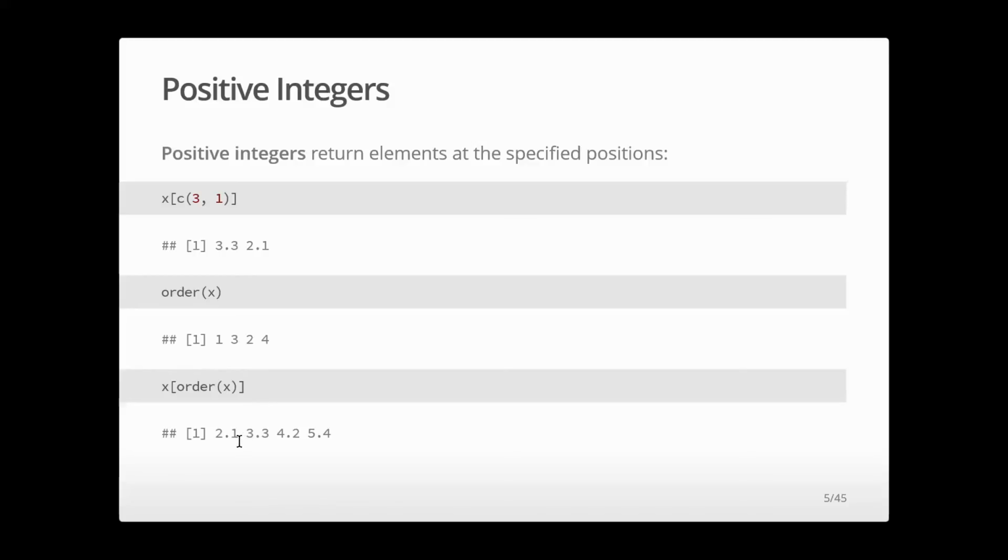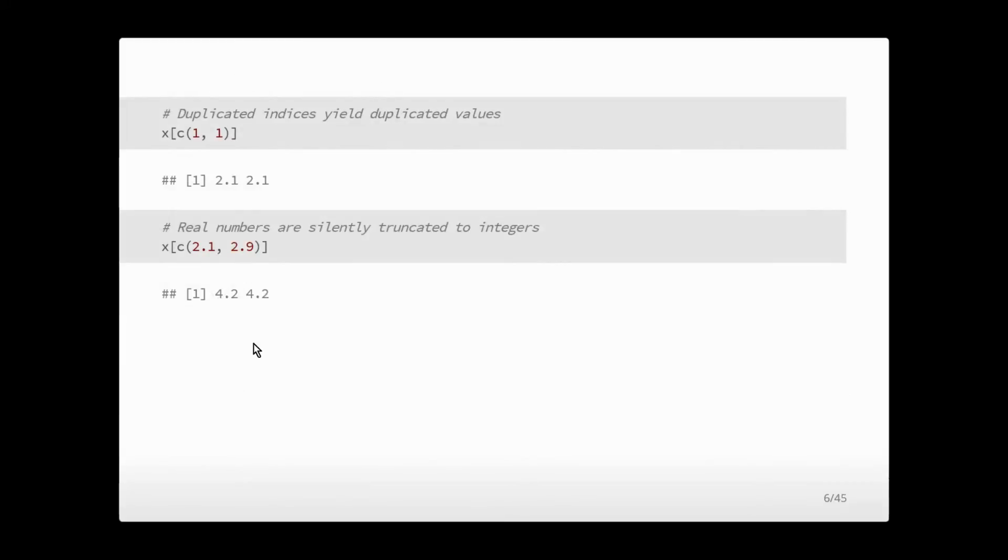Sorting x puts them in from least to greatest. Order will tell you which element is the smallest. If you want to know the third largest element, what would you do? You would do order x, and then bracket 3, and it would say the second element is the third largest element. Do I need to demo that, or are we good there? We're good. One person gave me a thumbs up, so that's great.